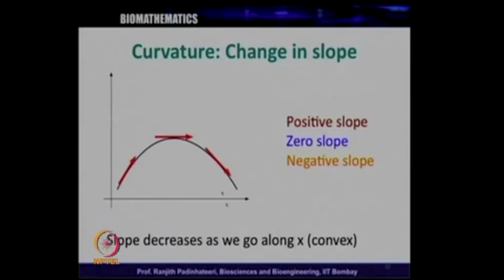If you look at this curve and think about slopes at different places, what can we learn? If you look at the slope here, and here, and here, what do we learn? Let us quickly look at the slopes.